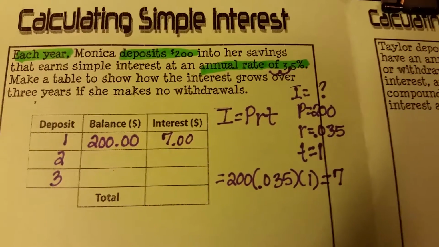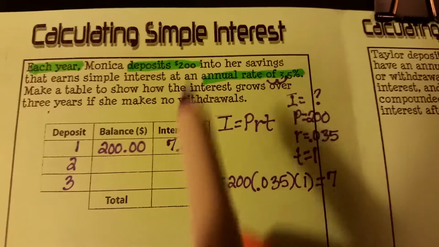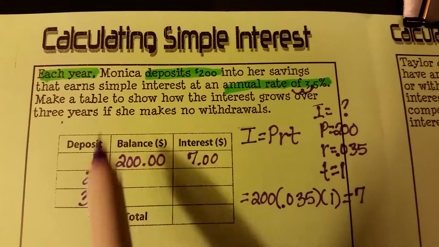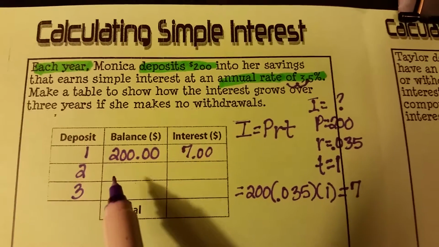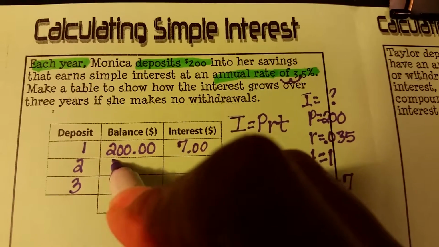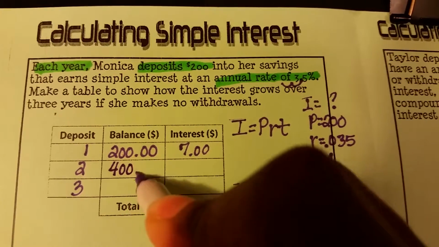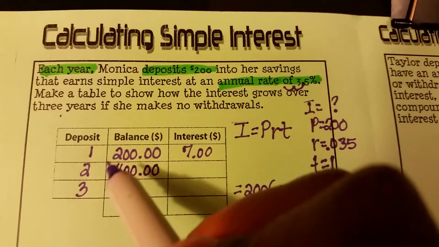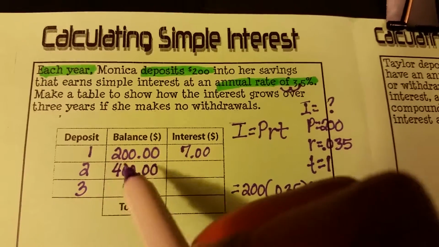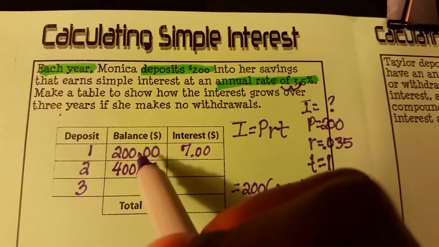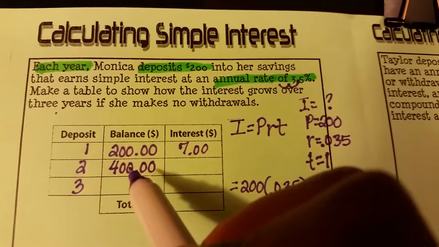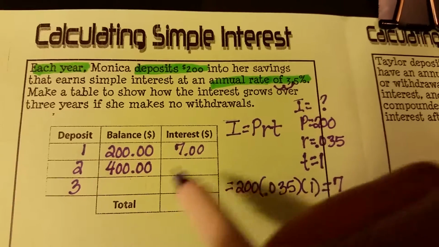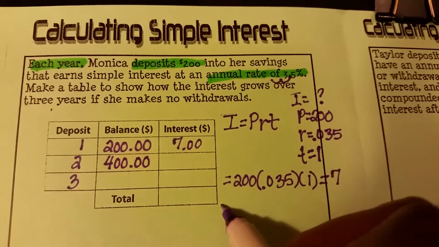Now it says each year she deposits $200. So our balance on the second deposit would be $400, because she started out with $200, and the next year she deposits another $200. Let's see how much her interest is at year 2.